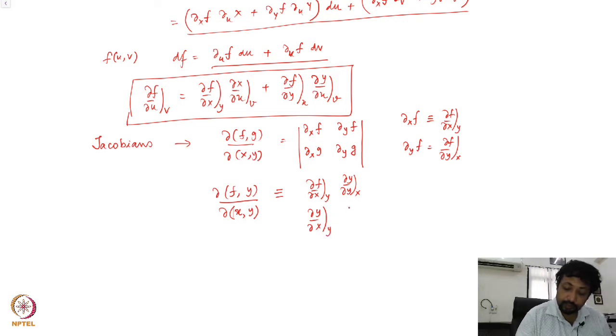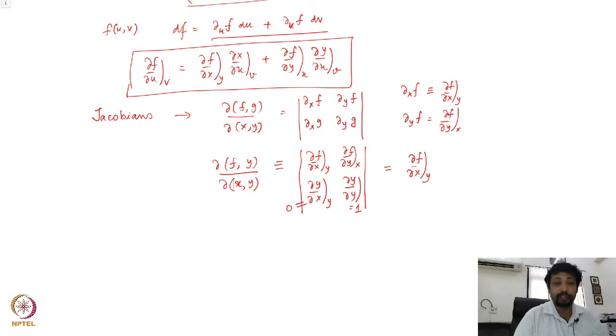So that I am replacing g by y, and this determinant has del y del x equal to 0 and del y del y equal to 1, so it is just del f, del x, y held constant.